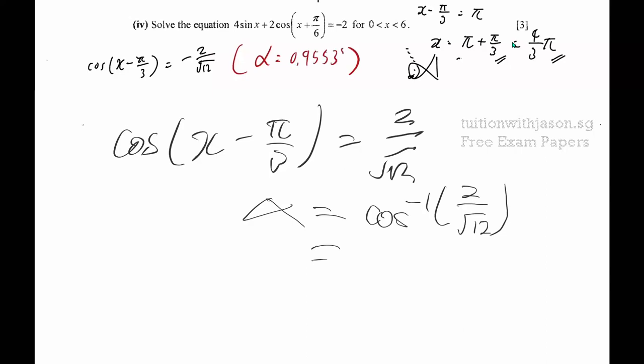If you're using Casio, the old version, it's Shift, Setup, then number 4 for radian. You should get 0.95531 radians.